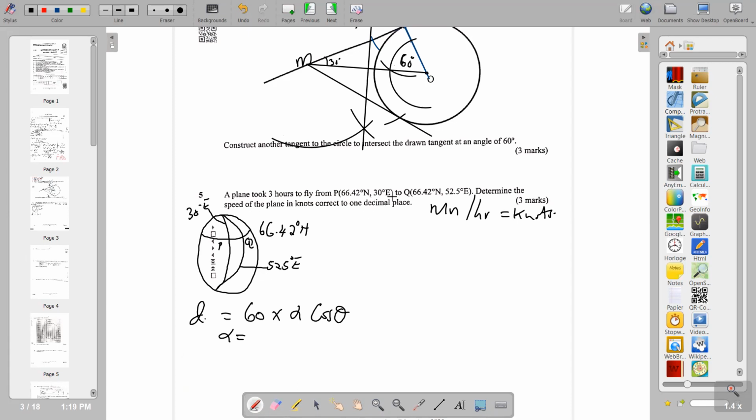They are both on the eastern side, so the difference will be 52.5 minus 30 degrees. This one I think is 22.5 degrees.